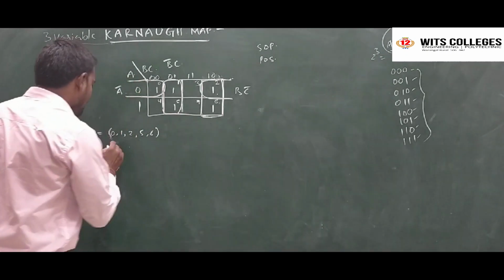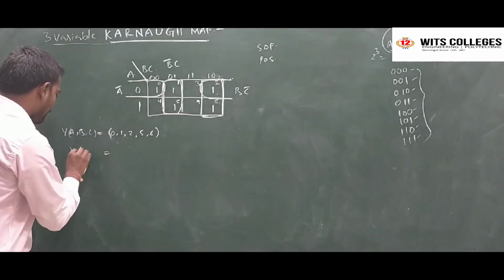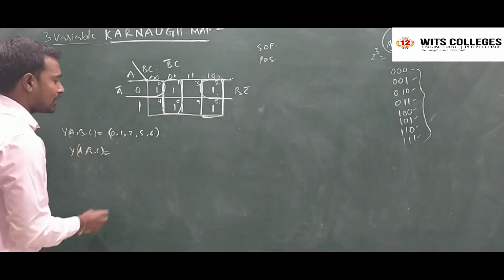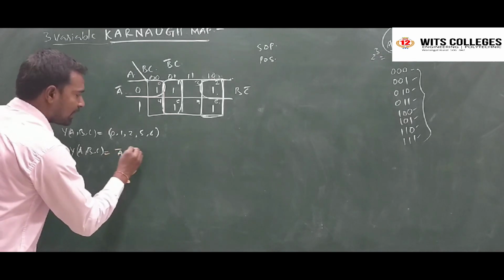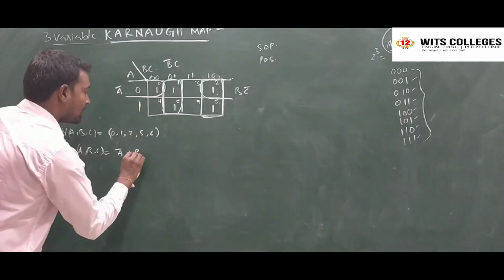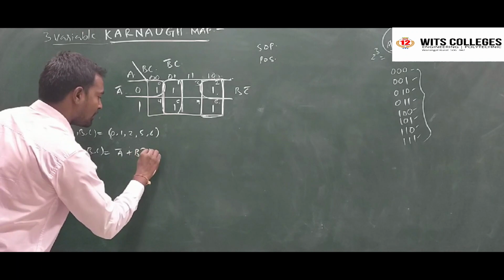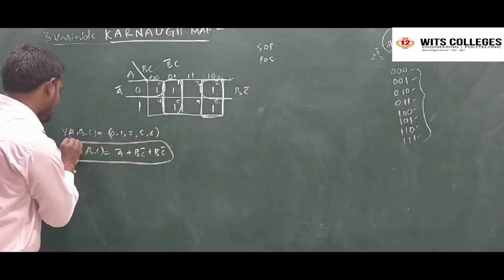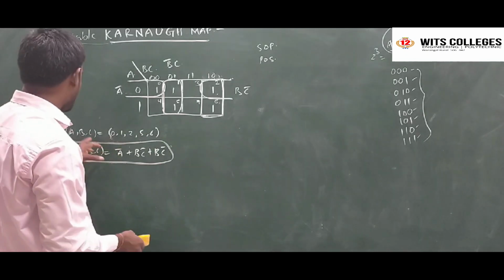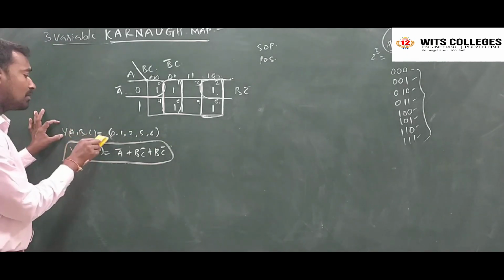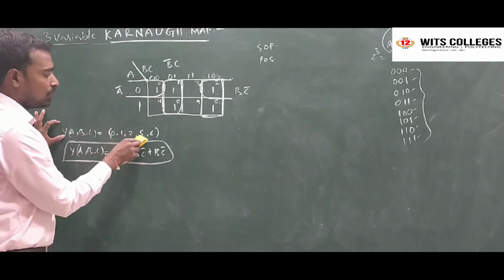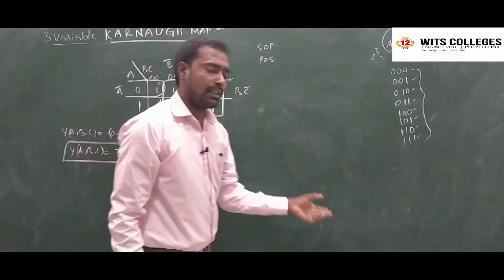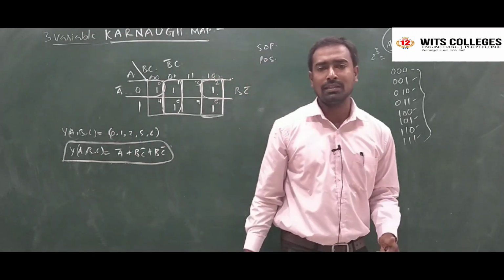So the finalized expression is y of a comma b comma c is equal to a bar plus b c bar plus b c bar. So this is the finalized K map for the given expression y of a comma b comma c is equal to 0 comma 1 2 5 6. So this is finding the sum of products by using the K map.